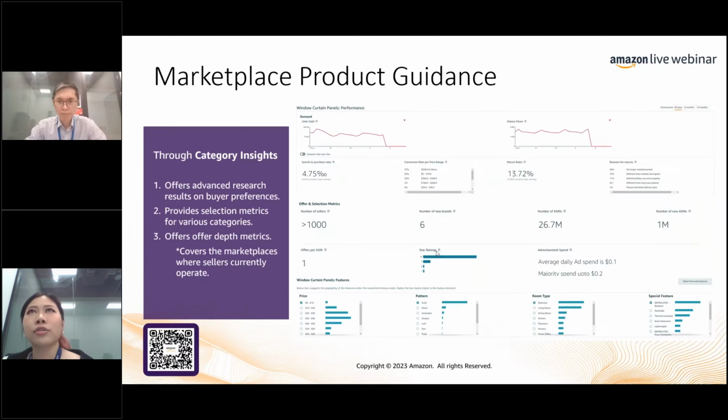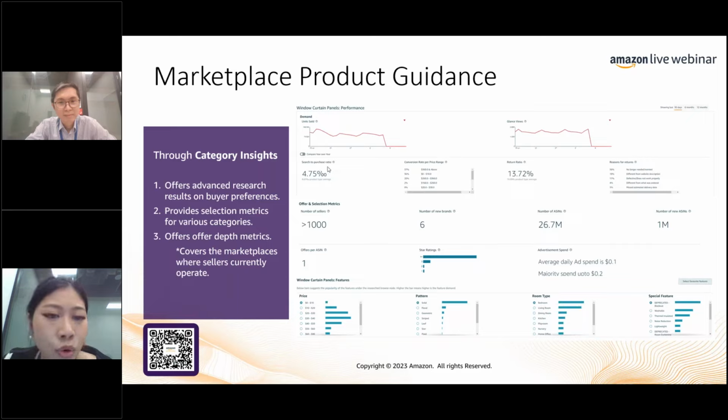So you can click onto the respective tab, but I'm talking specifically about Category Insights today because I feel that it's very important. You can see in the screenshot of this slide over here, these are a couple of metrics you can see at one glance. Firstly, you can see what is the demand of this product type over 30 days, 6 months, or 12 months time period.